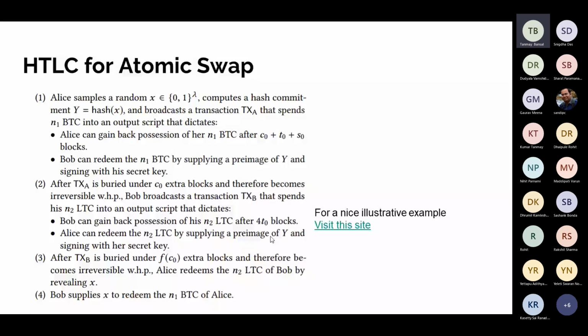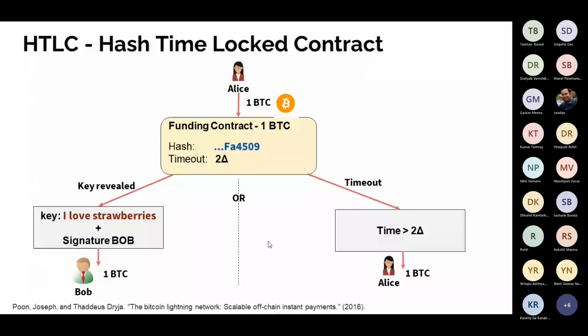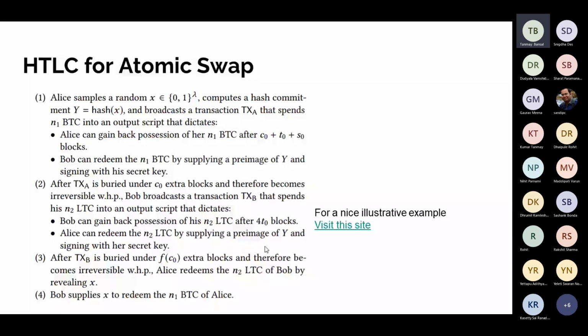What we had seen in the previous slide was only one part: Alice creates the contract, Bob can redeem it, and if Bob does not redeem, Alice gets the money back. But our target is that Alice would give something to Bob and Bob would give something back to Alice. And typically, this could occur in different networks.